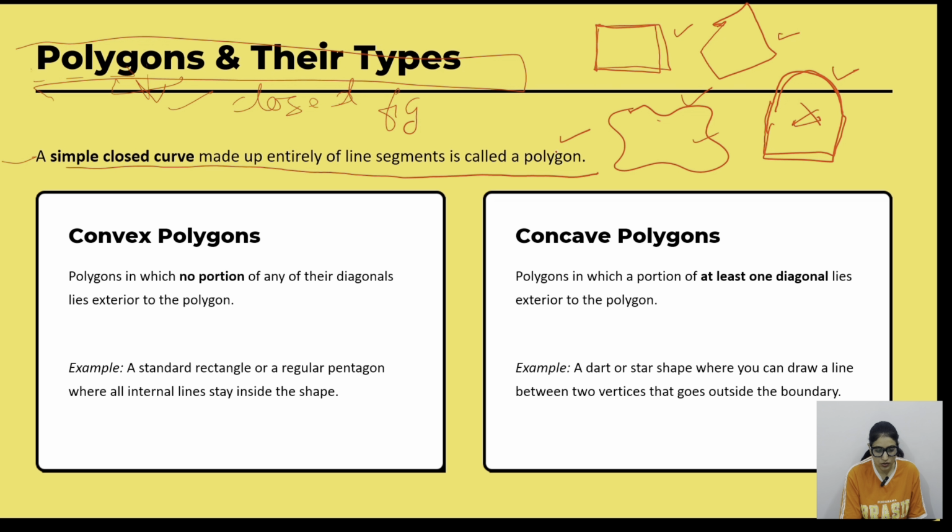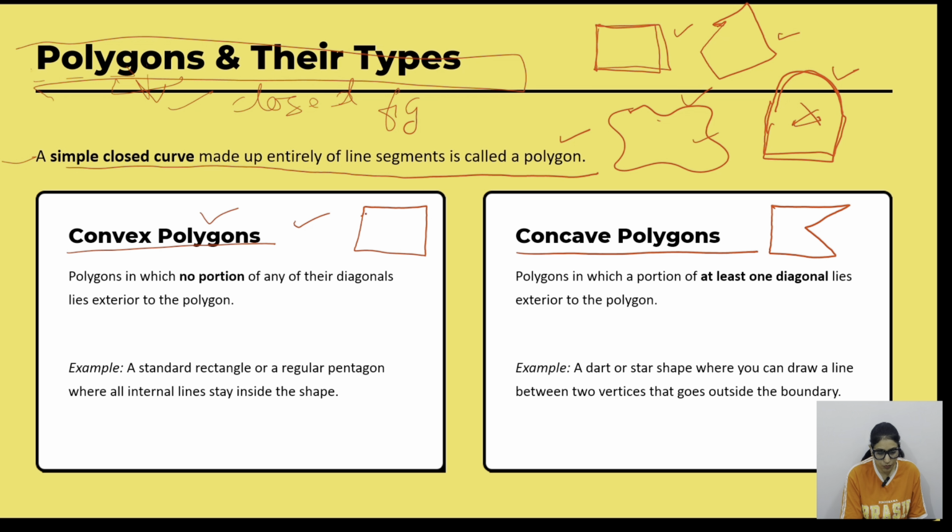Chalo. So next topic is we have 2 types of polygons, convex polygon and concave polygon. So if I draw here this polygon which is made entirely of line segments, and I am drawing here one more polygon which is also made up of line segments only. So how to differentiate between convex and concave polygon?